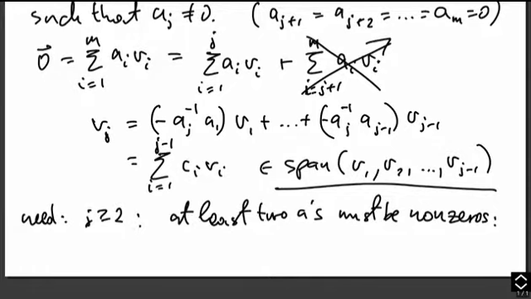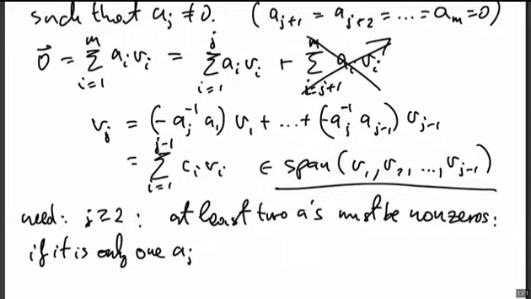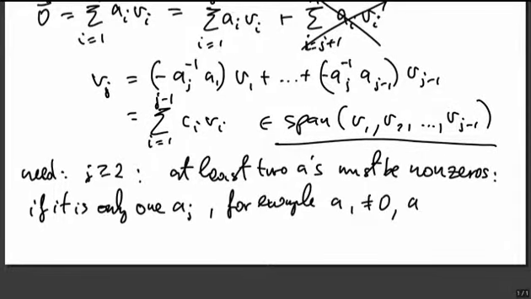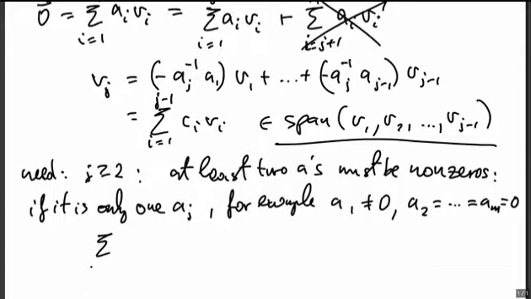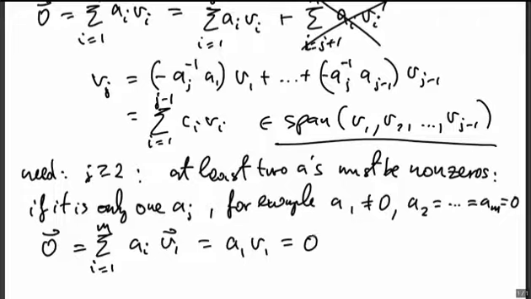If it's only one aj, for example, a1 is not 0, and all the others are zeros, then we would have the linear combination giving 0 vector, and from linear independence all the a's are zeros except the first one, so we would have a1 v1 equals the 0 vector.